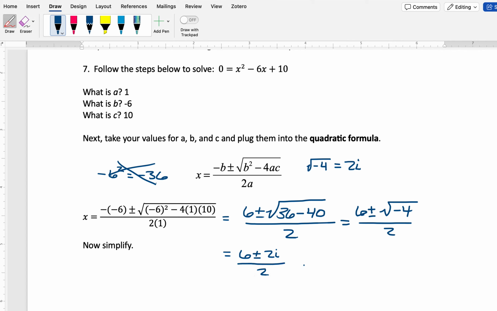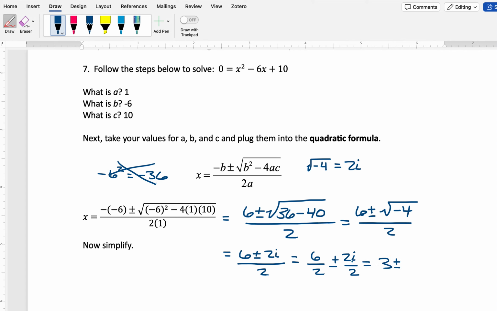Now I can continue with one last step here to simplify, which is that I can break this up into two separate fractions. 6 over 2 and 2i over 2. So I'm just writing each part of the numerator over the denominator separately, which is 2. So 6 divided by 2, that's 3.